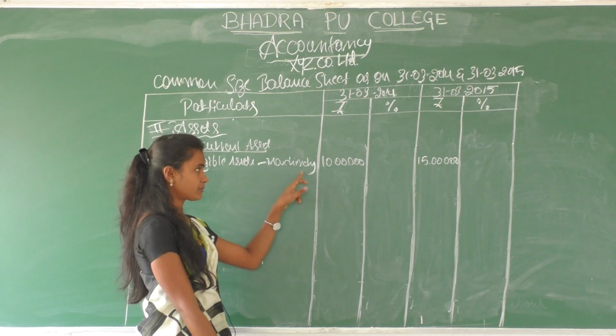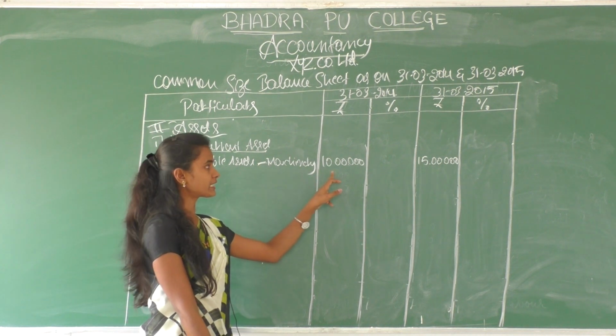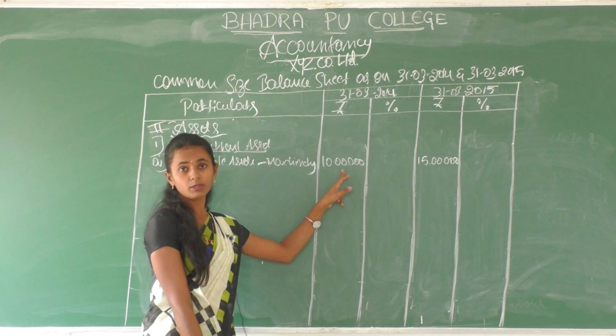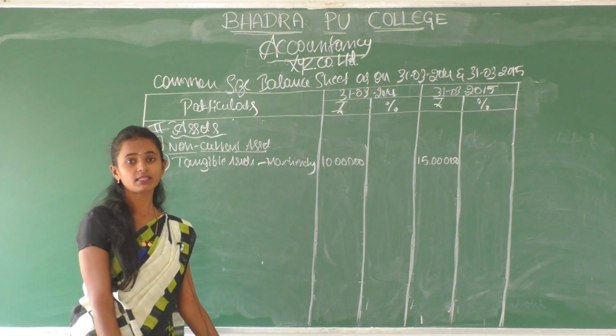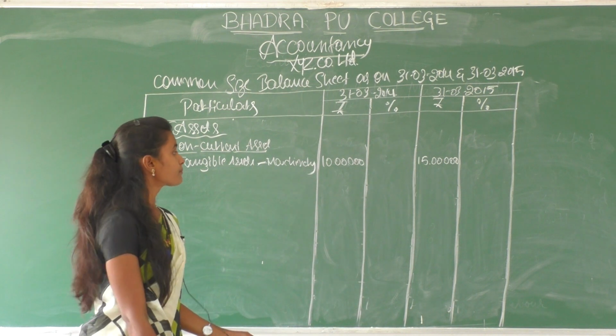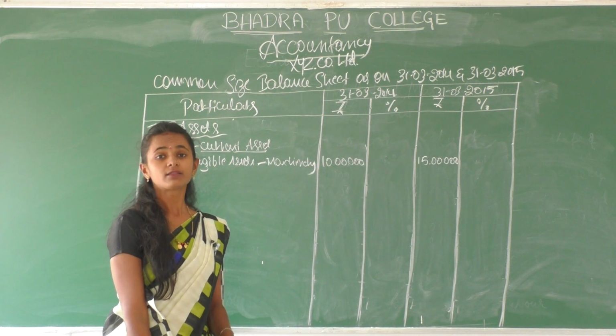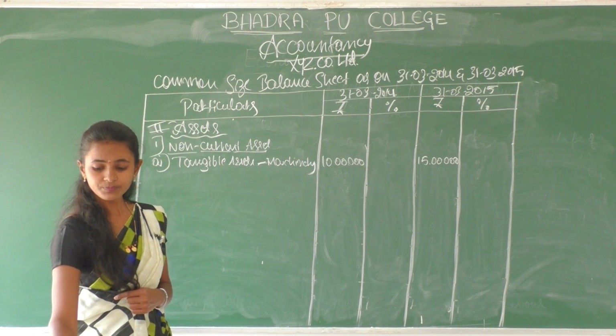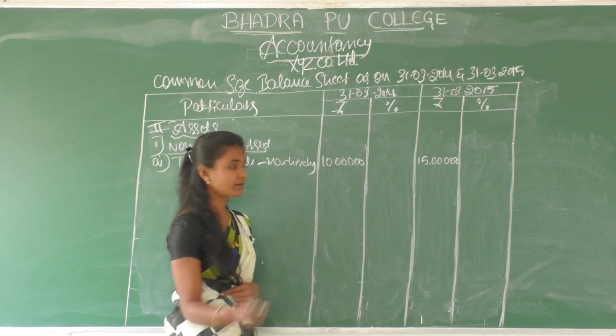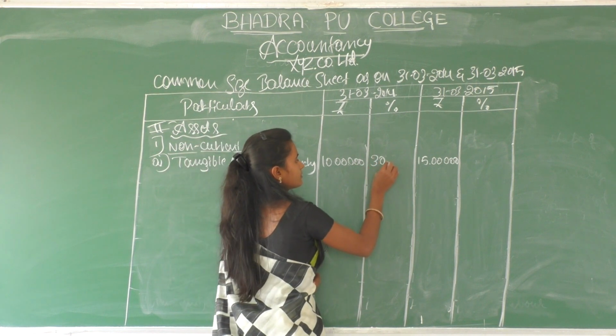Again the calculation. Tangible asset machinery in case of 2014 is 10 lakh, and our common value in 2014 is 32,50,000. So 10 lakh divided by 32,50,000 into 100, then you will get 30.77%.